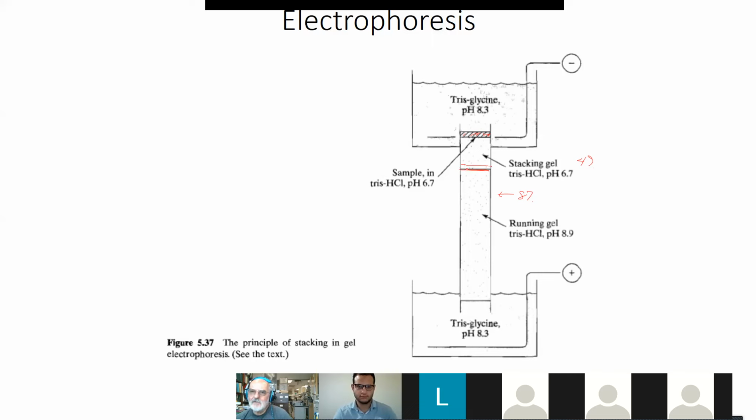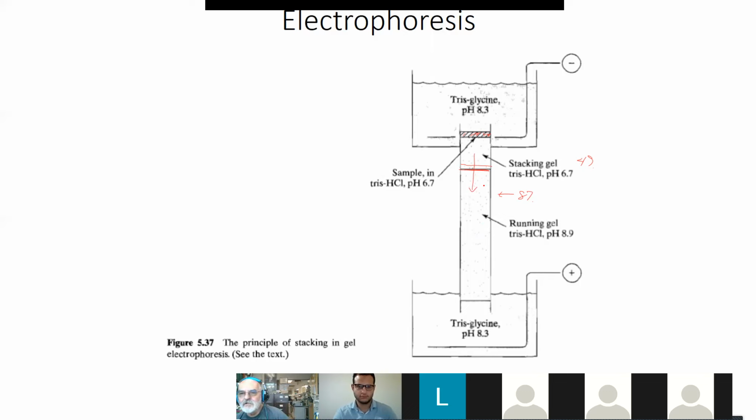But the other thing that happens is that the mobility of the glycine changes in going from 6.7 to 8.9 in this particular case. And suddenly the glycine zips ahead and it moves faster in the lower gel than in the stacking gel.